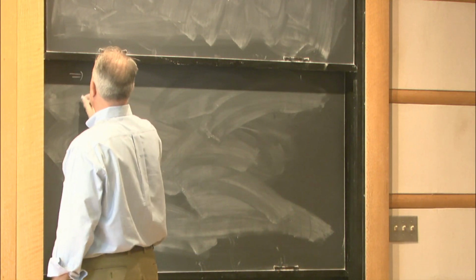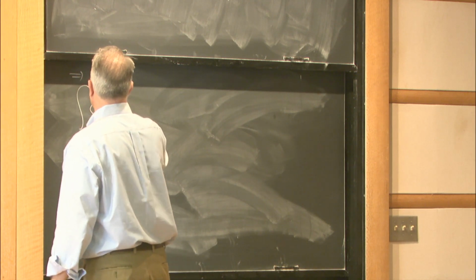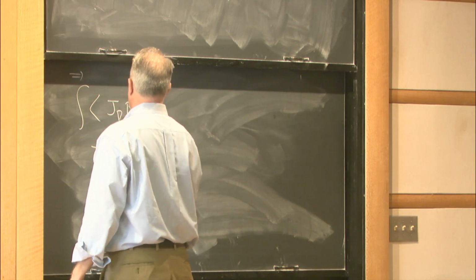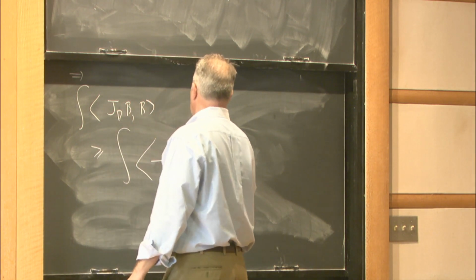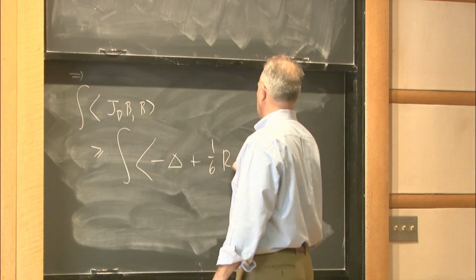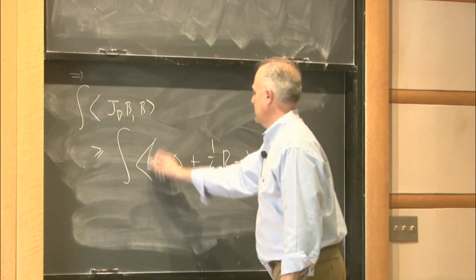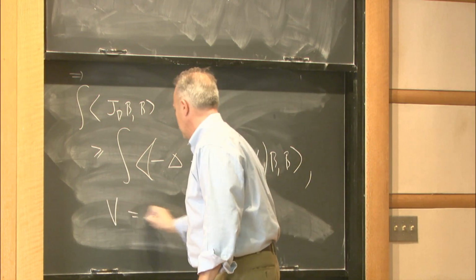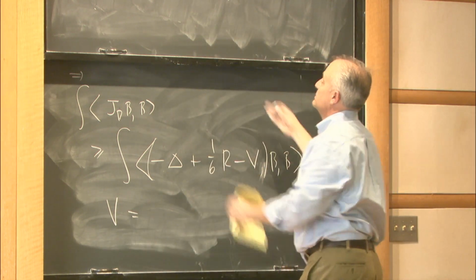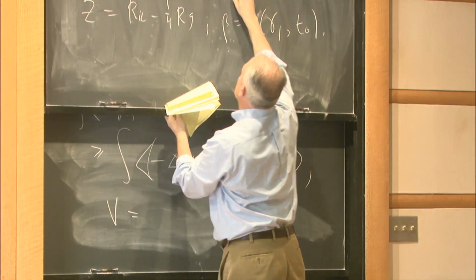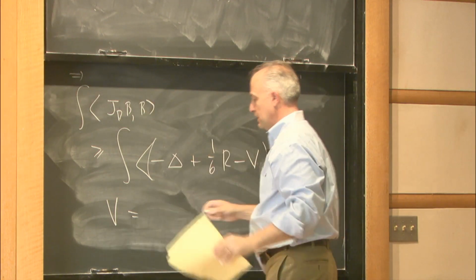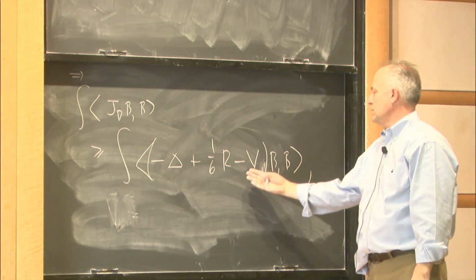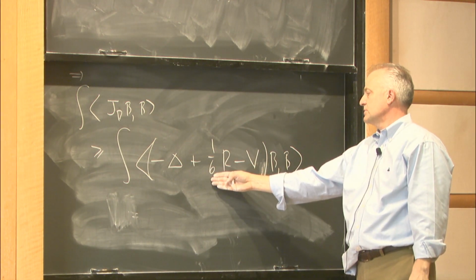So the conclusion is that this Dirichlet form for the index, you can write it as a Dirichlet form for this operator. This acting on B, inner product B, where V is just this collective junk there. So I'll call this V. Just I put a 1/6 scalar curvature term here.